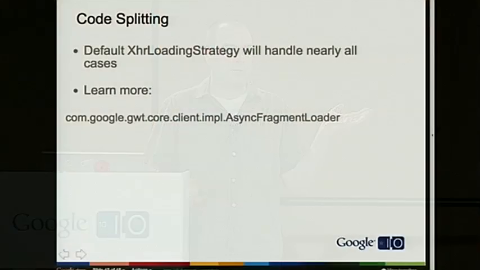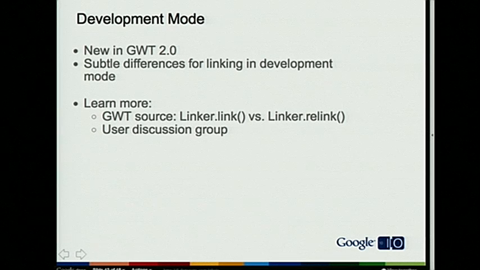So I recommend taking a look at this class and seeing how it works. The contract is actually really simple if you need to do any sort of deferred fragment loading. So if you're writing a primary linker and you need to load deferred fragments, take a look here in AsyncFragmentLoader. The information should be available.